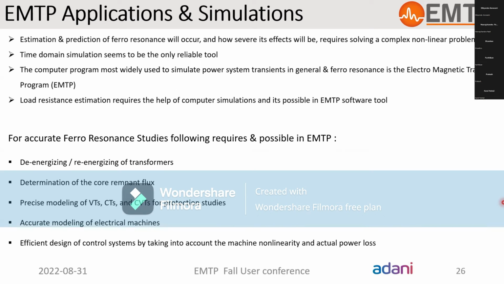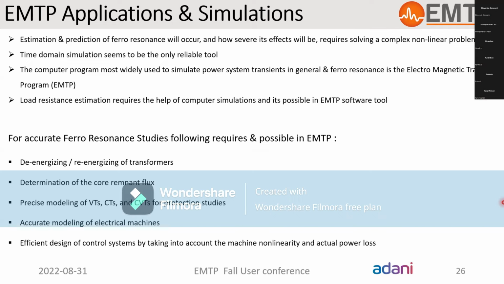Now, as we have seen, the ferroresonance phenomenon is one of the most complex phenomena in the field of electromagnetic transients. Once the possibility of ferroresonance is established, deciding whether ferroresonance will occur or not, or if it does, how severe its effects could be, requires simulations and solving a complex nonlinear problem.